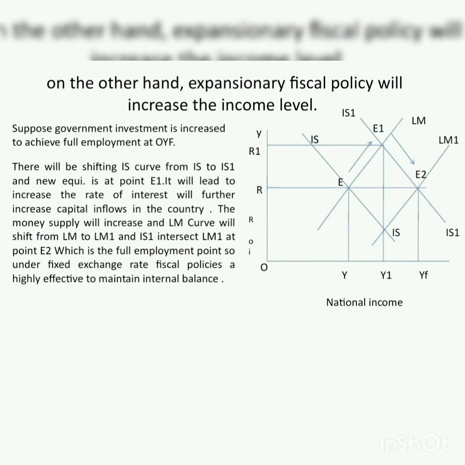As we know, if the government applies expansionary fiscal policy, it will shift the IS curve upwards, rightwards. So because of the expansionary fiscal policy, there will be a shift in the IS curve from IS to IS1, and the new equilibrium will take place at point E1.